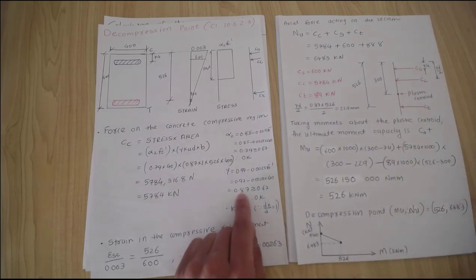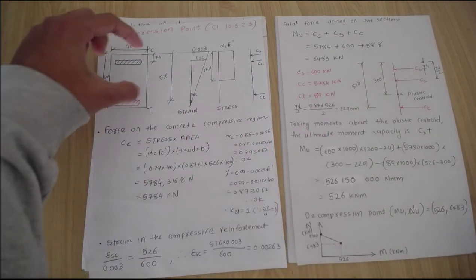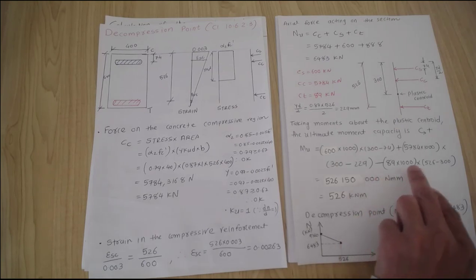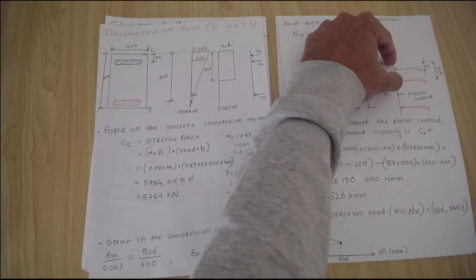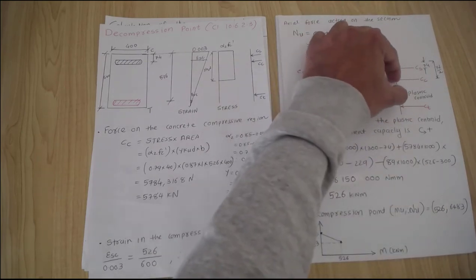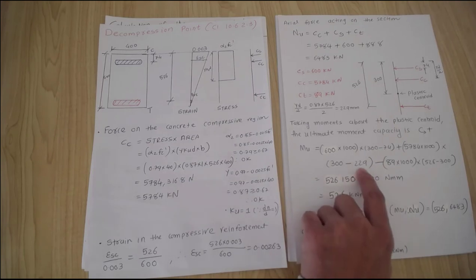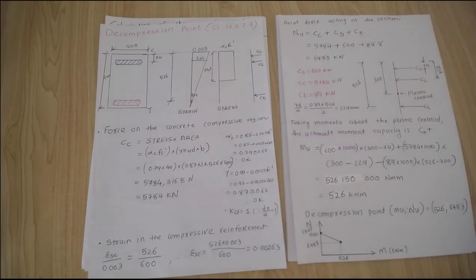We already know gamma is 0.87 times 526 over 2, where D is 526, that is 229. So from this point to this point is 229. If I want to know this distance, then it is 300 take away 229, that is the distance from the compression force in the concrete to the plastic centroid.